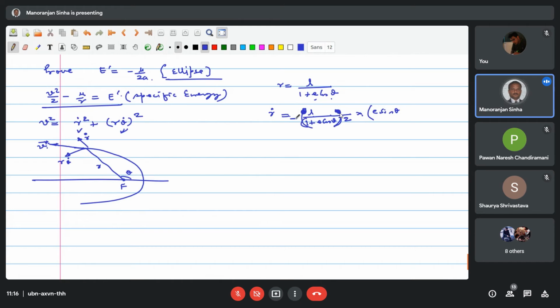This minus sign, minus that makes it plus, and then theta dot.